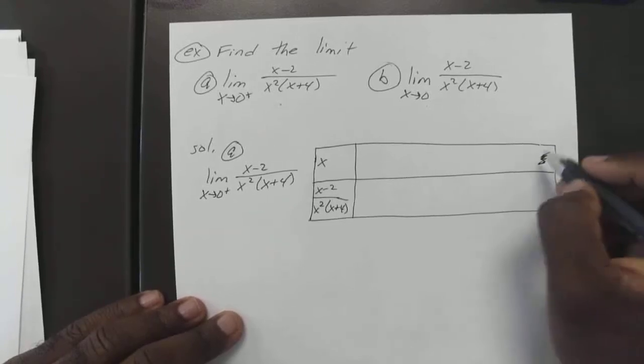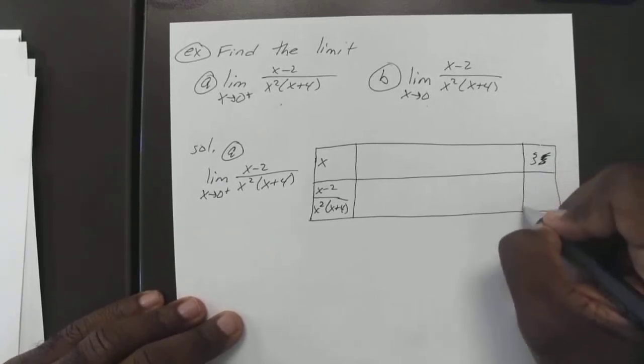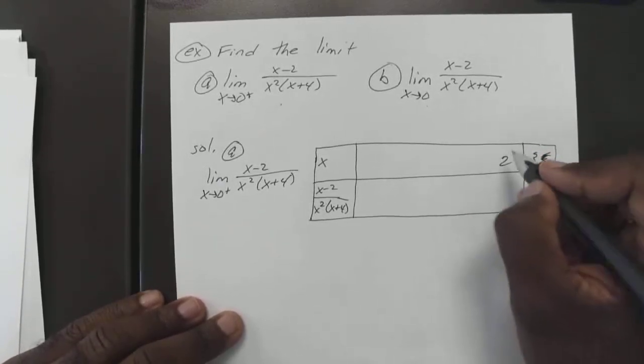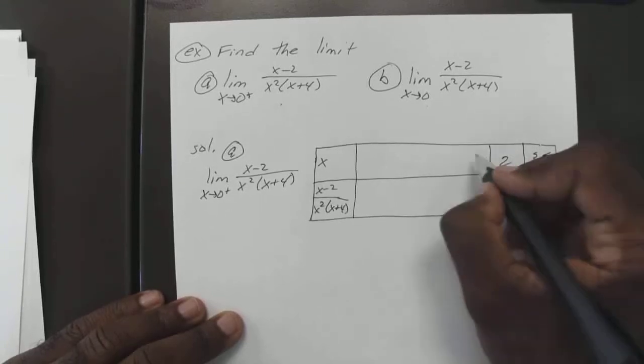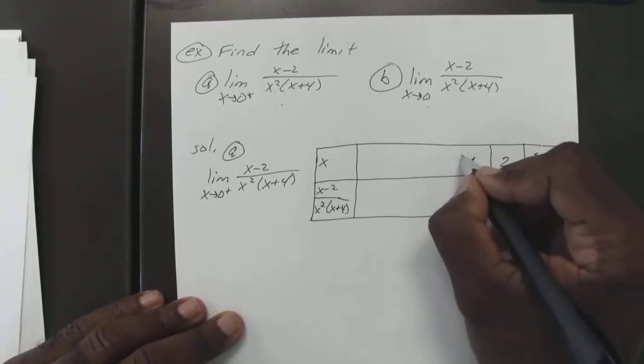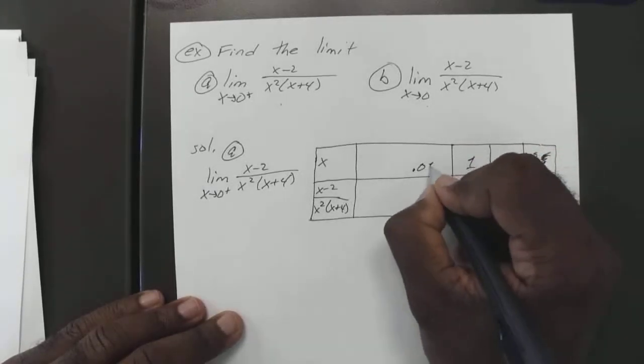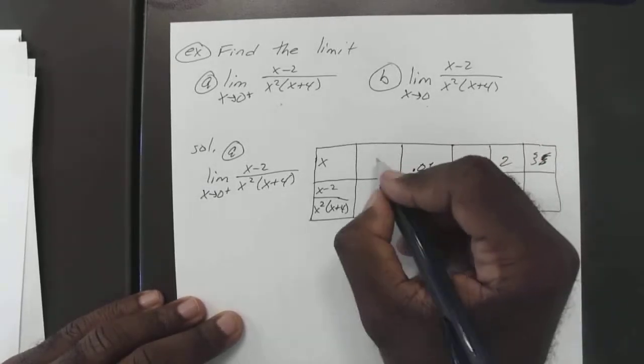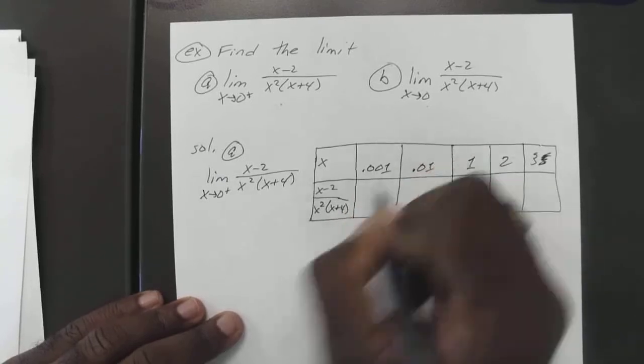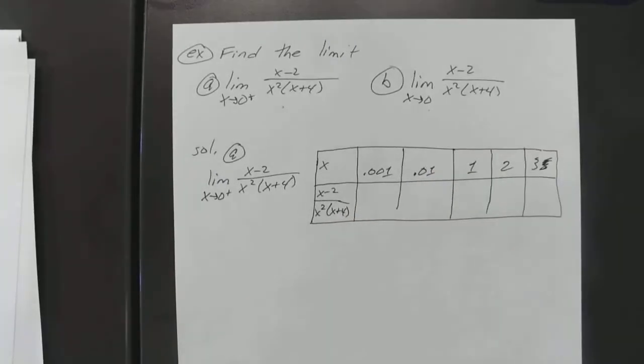I won't either. I'll just start with 3. Say 2, 1, say 0.01, and 0.001. Okay, so getting closer and closer to 0 from the right.